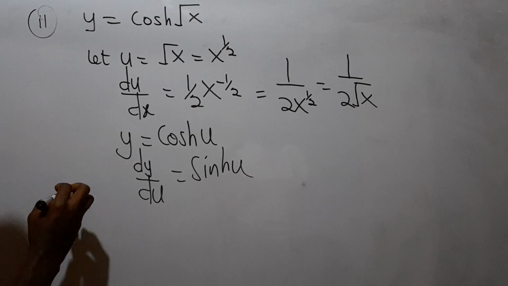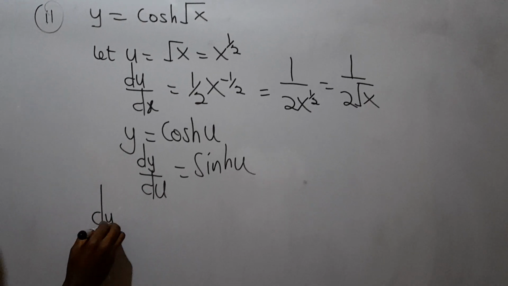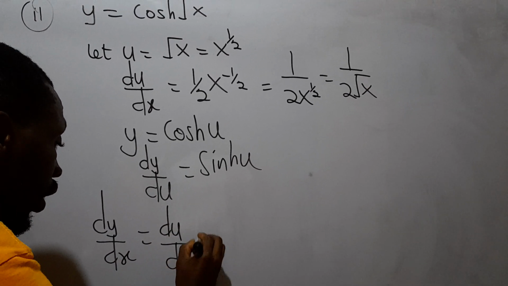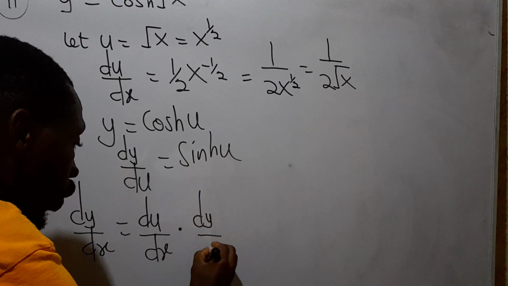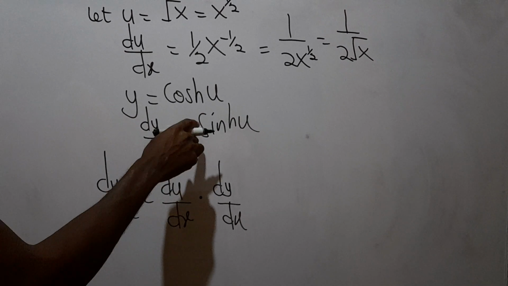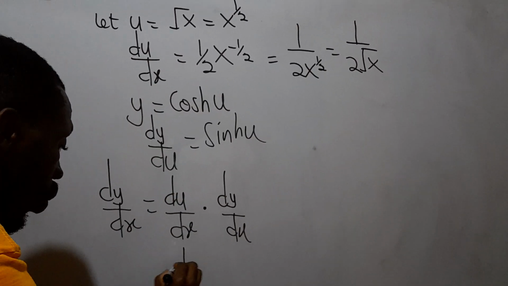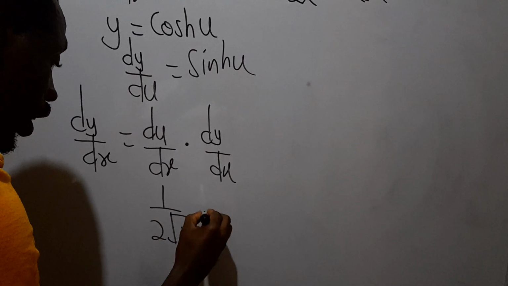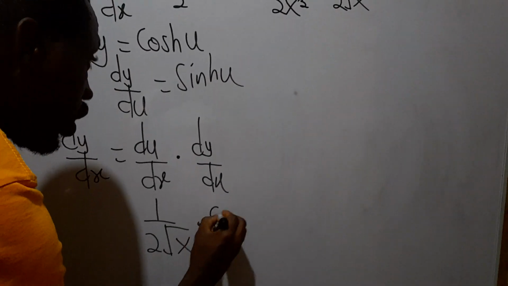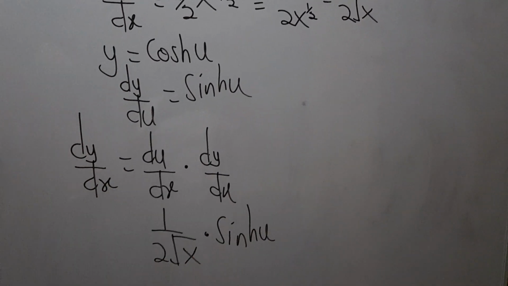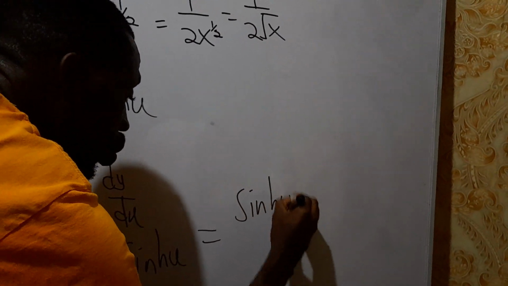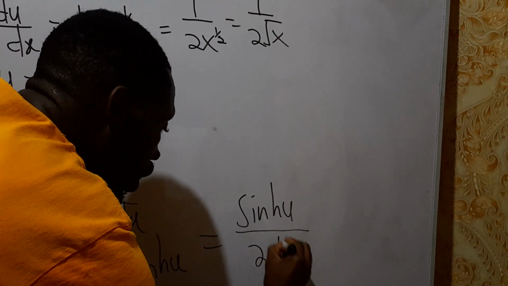So the chain rule says that dy over dx will be equal to du over dx times dy over du. So what's our du over dx? Du over dx is 1 over 2 root x, times our dy over du, which is sinh u. If we simplify this further, we get sinh u over 2 root x.